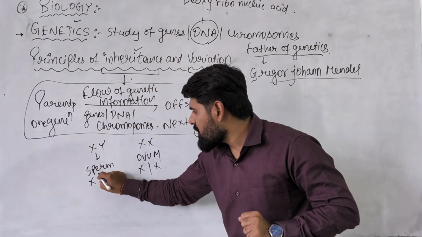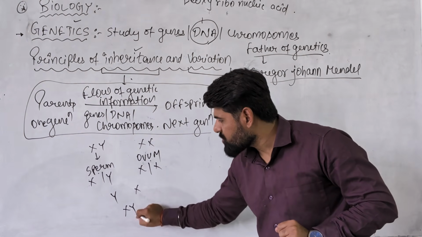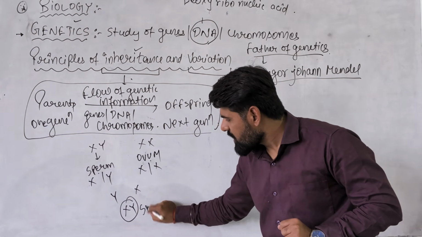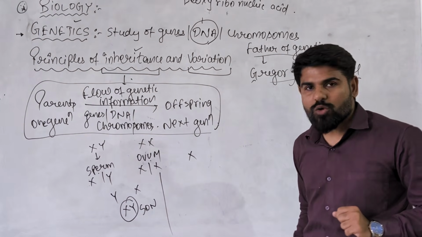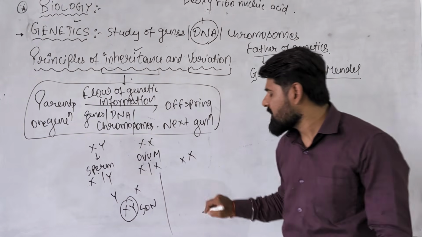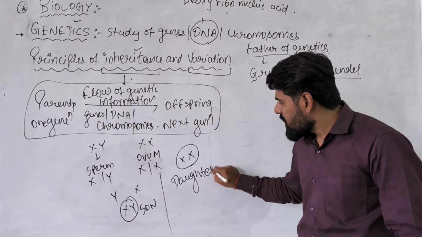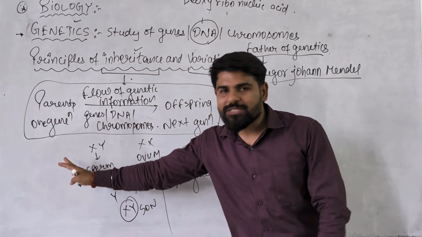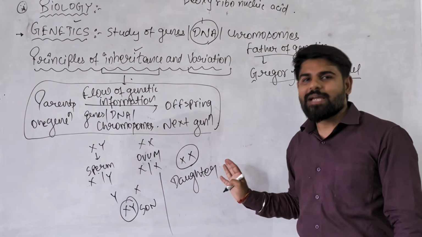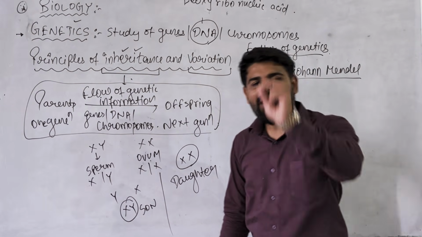If the sperm carrying Y chromosome and ovum carrying X chromosome combine, it forms XY, which is a son. Similarly, if the ovum containing X chromosome and the sperm also containing X chromosome combine, then it is XX, which is a daughter. So these chromosomes are transmitted from parents to the new offspring. This is considered inheritance.